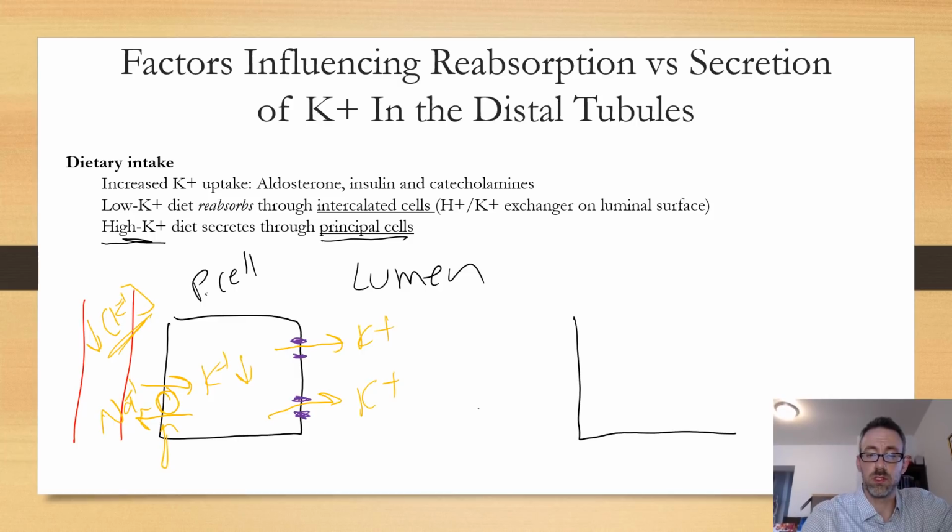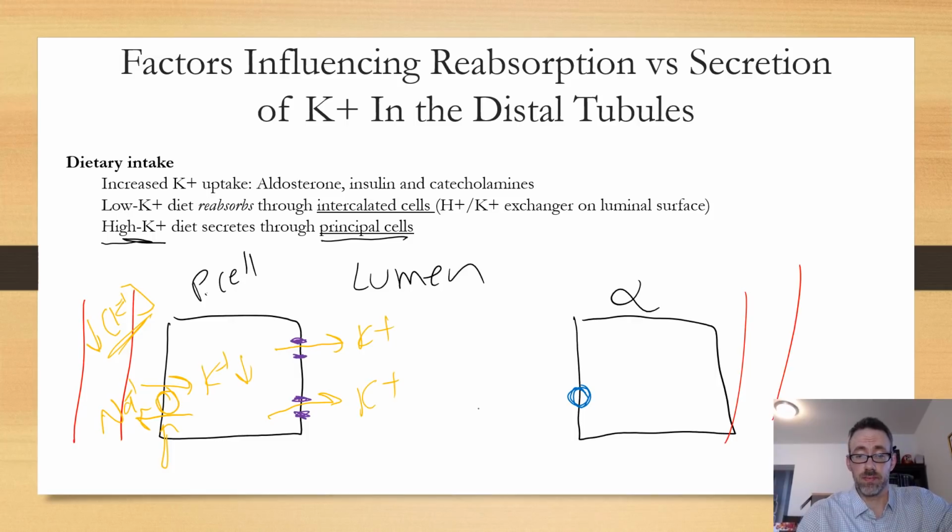Now, surrounding these principal cells, I also have those alpha intercalated cells, for example. Let's put the capillaries over here. On the apical side, I'm going to draw this exchanger. I also have this mechanism, which is going to be useful in states of low potassium diet.